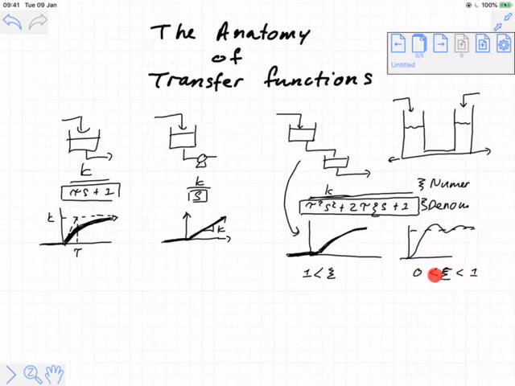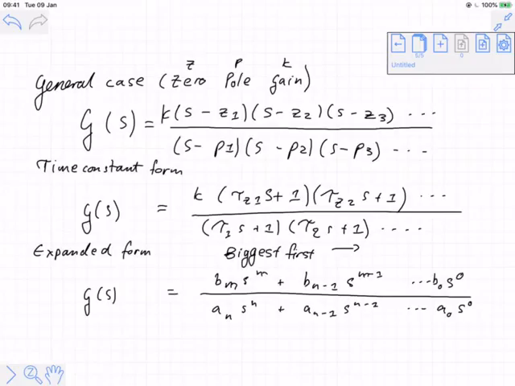If zeta is between 0 and 1 for this standard second order system, it is actually not possible to factor that with real roots. We actually have complex roots. So when we write this form, it's not necessarily always going to be pretty.